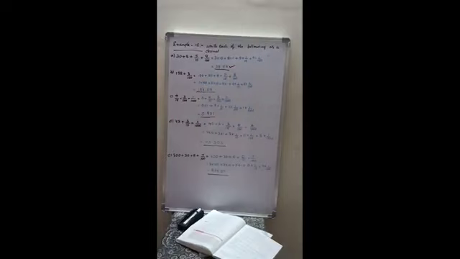Okay, so the next one: 158 plus 8 by 100. First of all you can write down the expanded form of this. 158 is directly given, so you can write down the expanded form of 158: 100 plus 50 plus 8. After that we have tenths, but here there is no tenths, so keep it 0 in tenths.